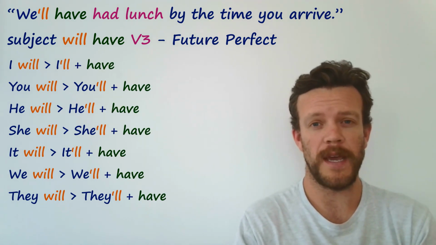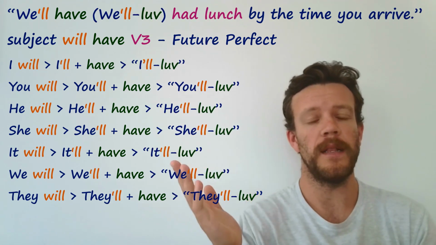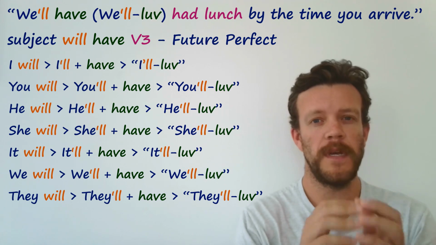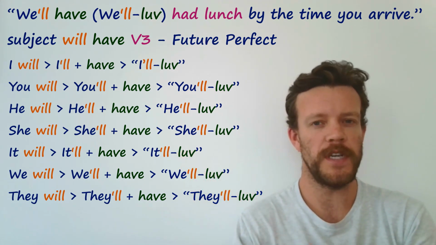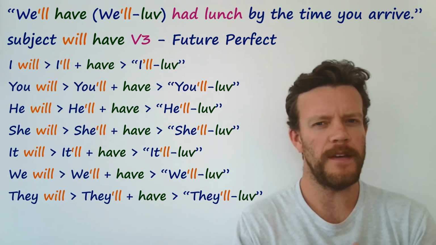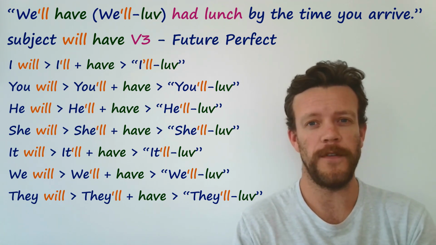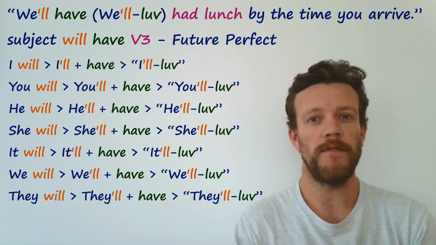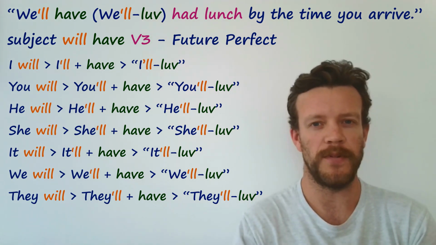You can also connect that to the auxiliary have. I'll have, you'll have, he'll have, she'll have, we'll have, they'll have. It might sound a bit funny at first, but it's going to be much easier thinking of future perfect as this rather than the three parts before the past participle.